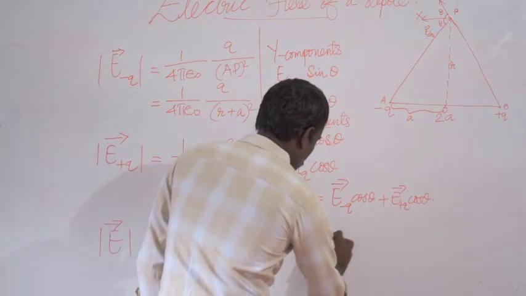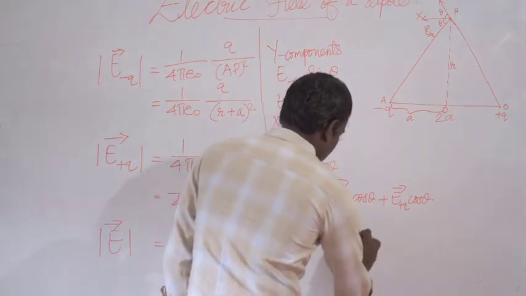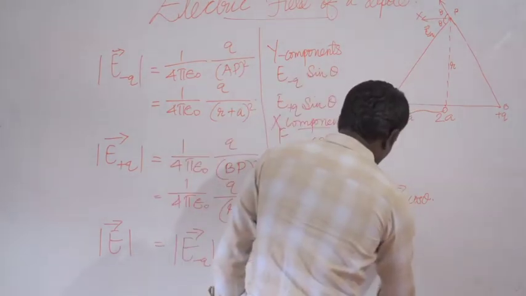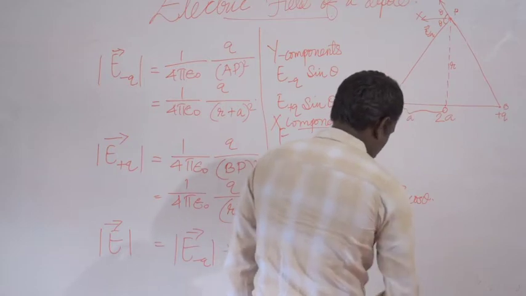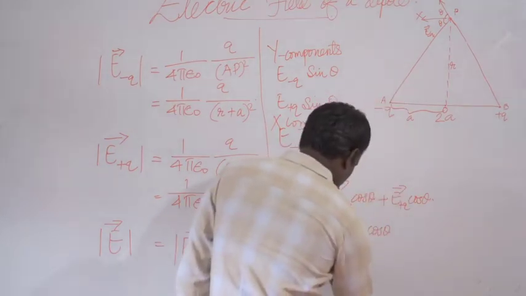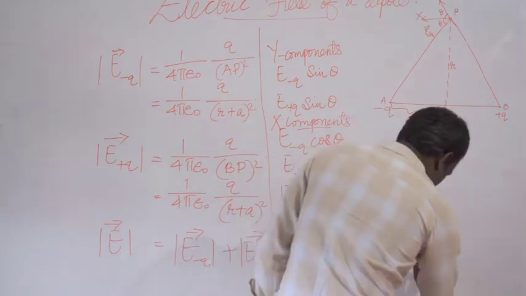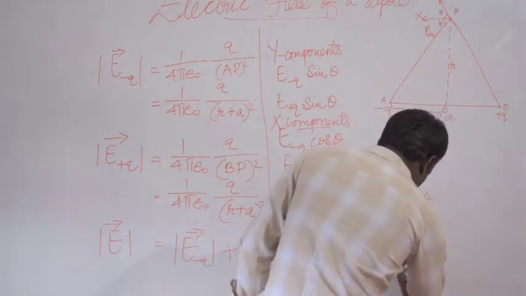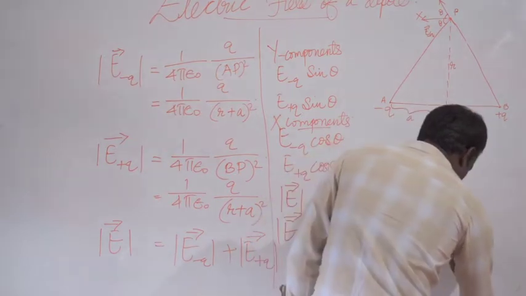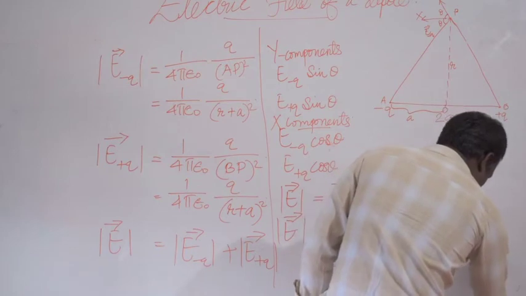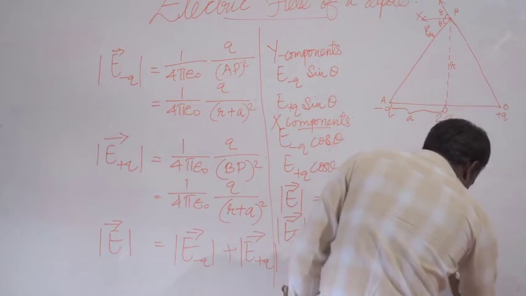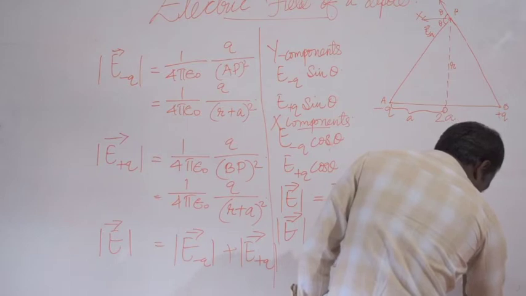E is equal to 2E minus q cos theta, that is equal to 2 into 1 by 4 pi epsilon 0 q divided by r plus a whole square into a divided by square root of r square plus a square.